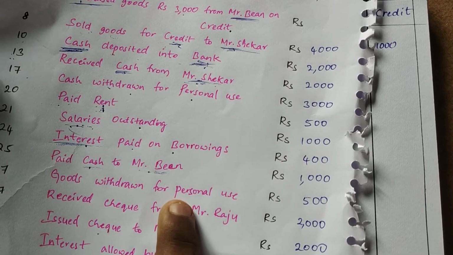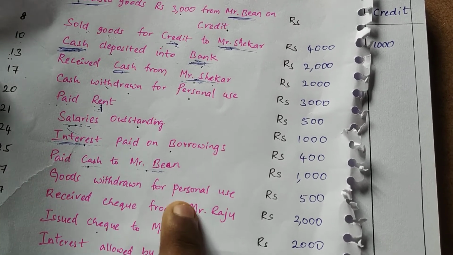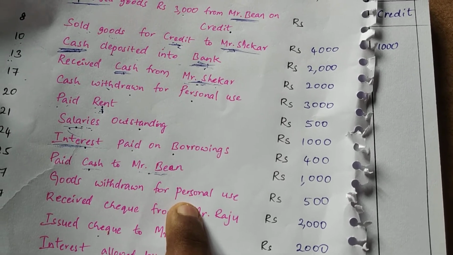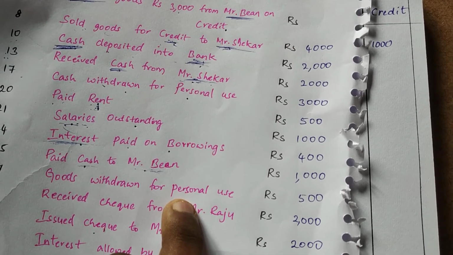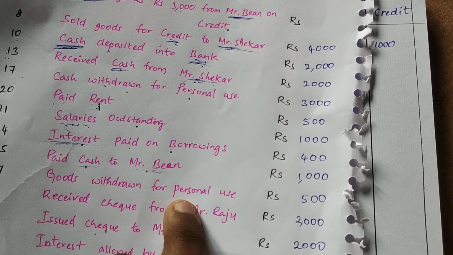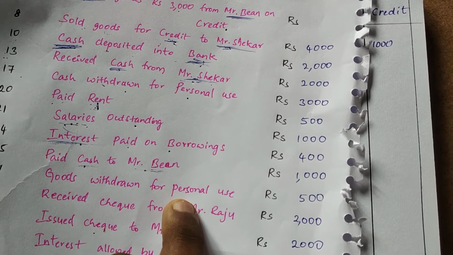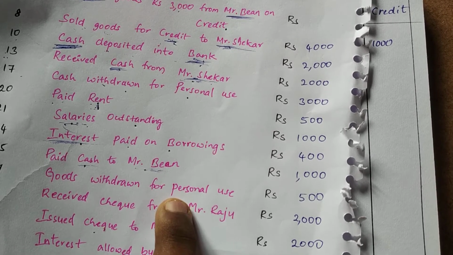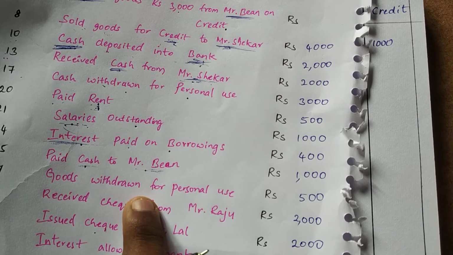Generally goods are going out. Goods account is a real account. Since goods are going out, as per the rule of the real account, debit what comes in, credit what goes out, we have to credit.